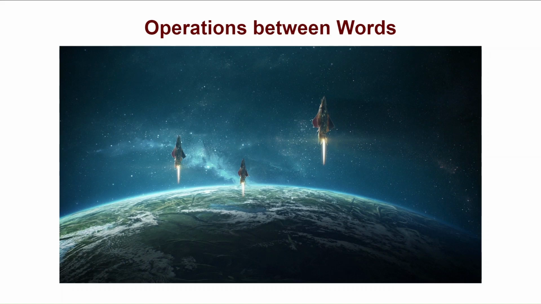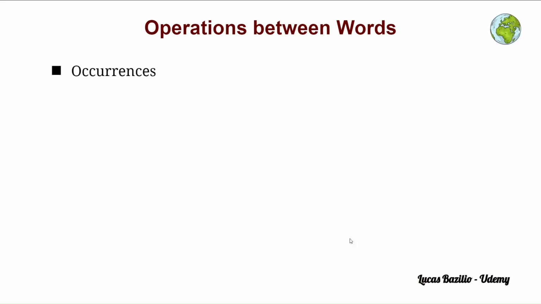Hey everyone, on this occasion we will study the main operations that we can perform between words. The first of all is how to represent the number of occurrences of one word within another.